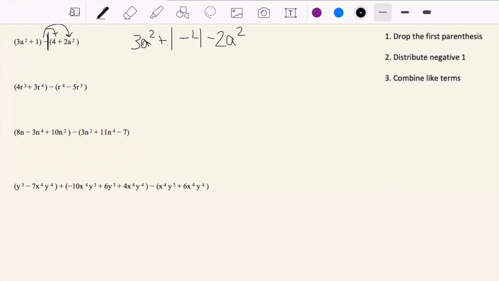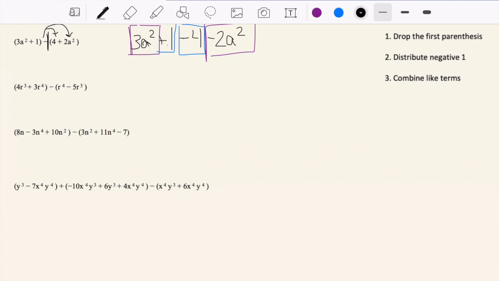Because distribution means that we're multiplying. When we multiply by -1, all it does is it changes the sign, right? So if we had -14 times -1, the answer becomes +14. That -14 becomes +14. All right, and then we just combine like terms like we did in the last video. So we have 3a squared and -2a squared, and then we have +1 and -4.